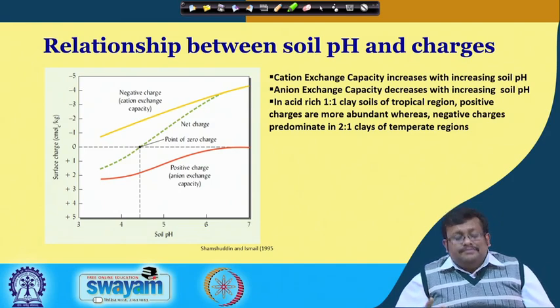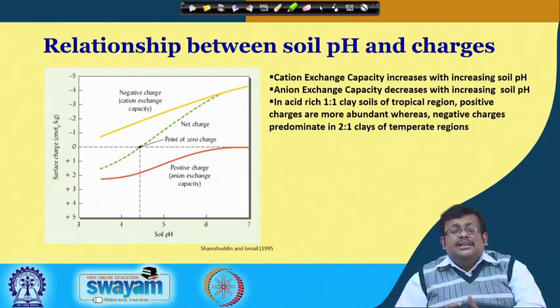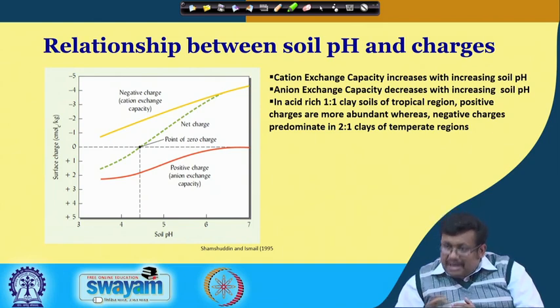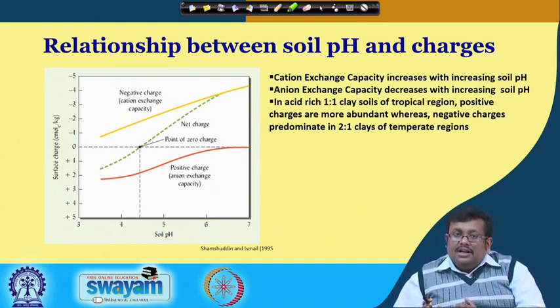Why is that? Because as we increase the soil pH, negative charge further develops, and that creates repulsion of the negatively charged anions, and as a result, anion exchange capacity will decrease.